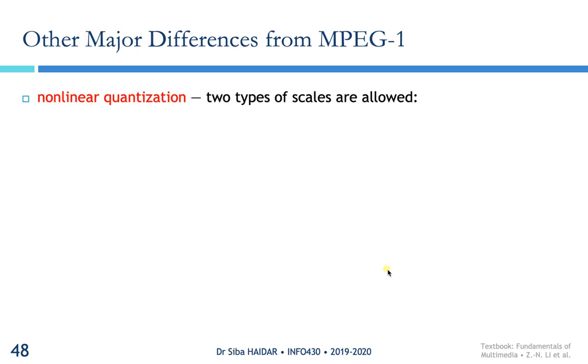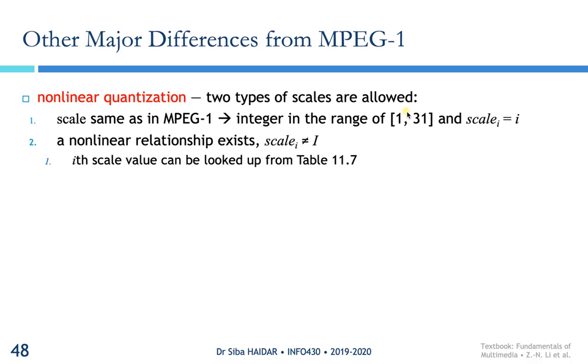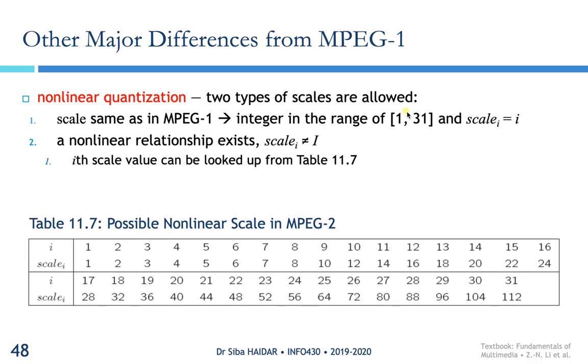Another major difference from MPEG-1 is nonlinear quantization. Two types of scales are allowed in the quantization. The scale that is the same as MPEG-1, an integer in the range of 1 to 31, as you can remember from some slides previously on the quantization default matrices. And there is another, nonlinear relationship, where the scale of i can be different from i.